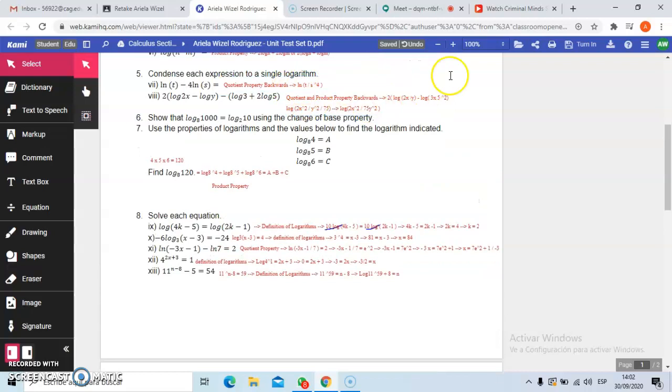For 5b, I used both quotient and product property since we have subtraction and addition and subtraction again.